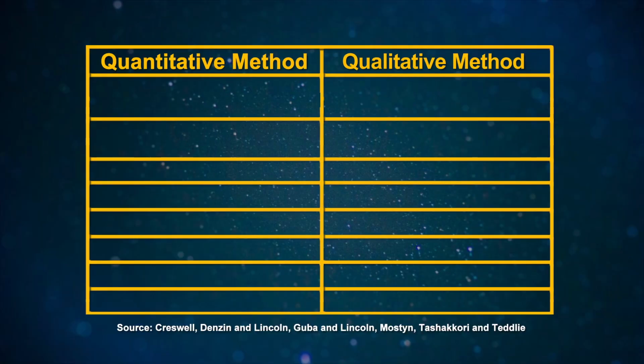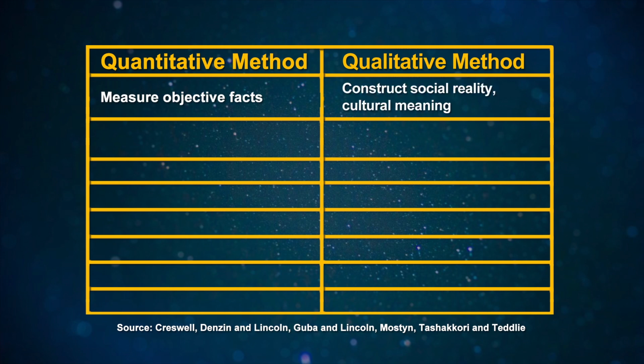If you look at the table, there is a comparison of quantitative and qualitative methods. In the quantitative method, the researcher's role is measuring objective facts, whereas in qualitative, the researcher constructs social reality, cultural meaning.